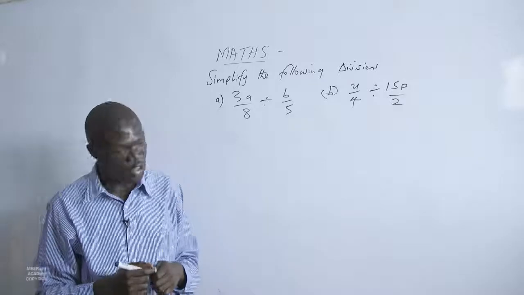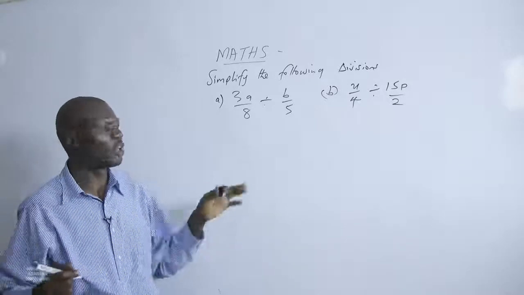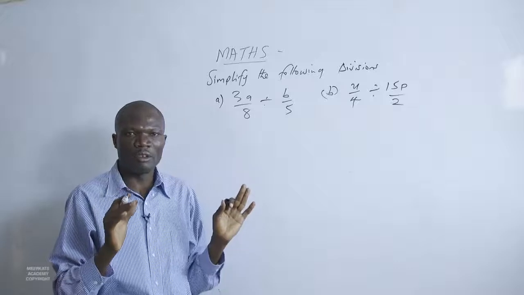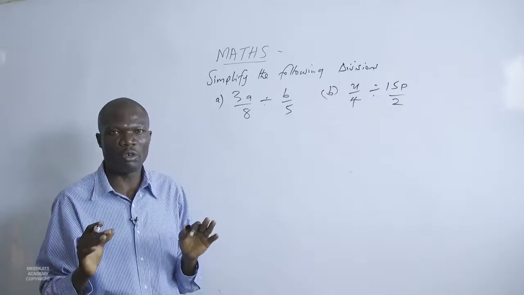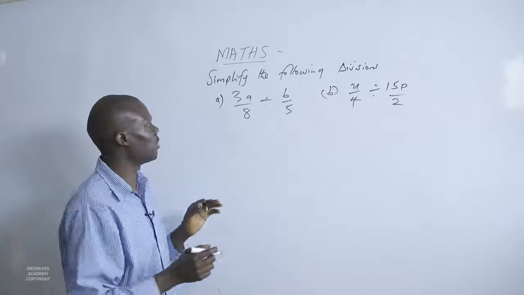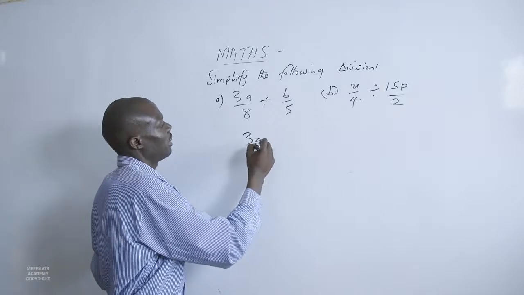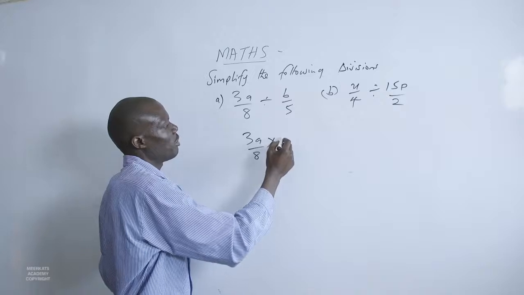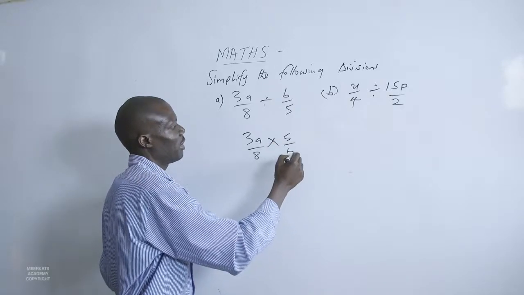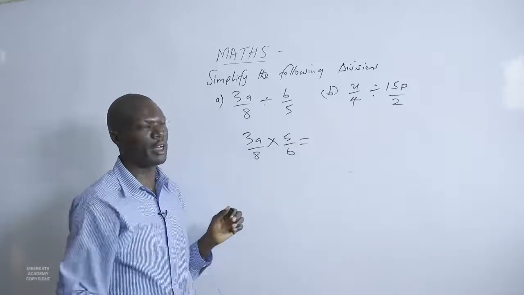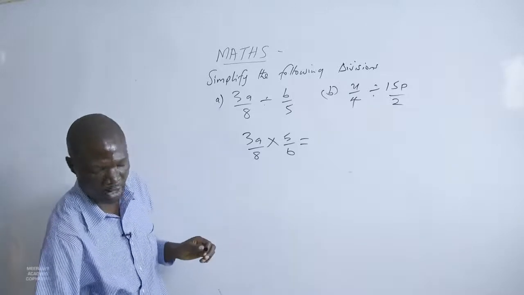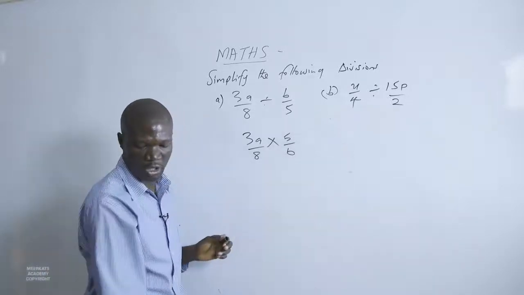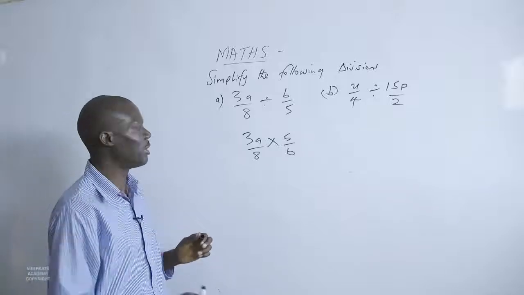So for the first part, dividing an algebraic fraction is the same as multiplying by its reciprocal, so this one will be 3a over 8 times the reciprocal of b over 5, which is 5 over b. Then we move ahead and multiply the way we do it in fractions, the numerators together and the denominators together.